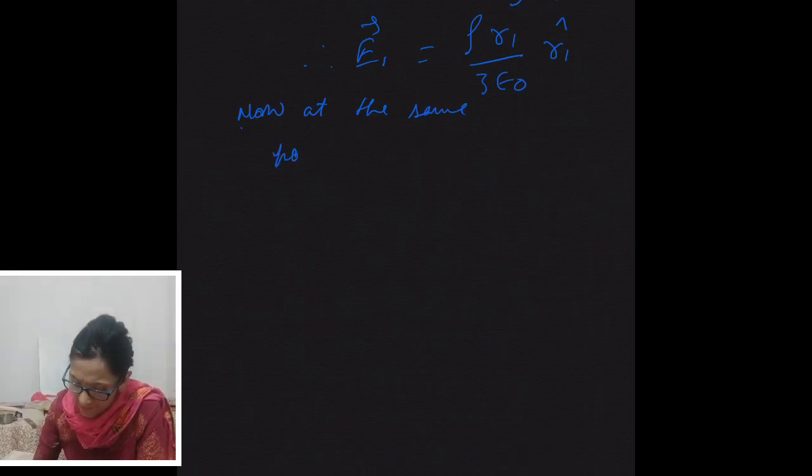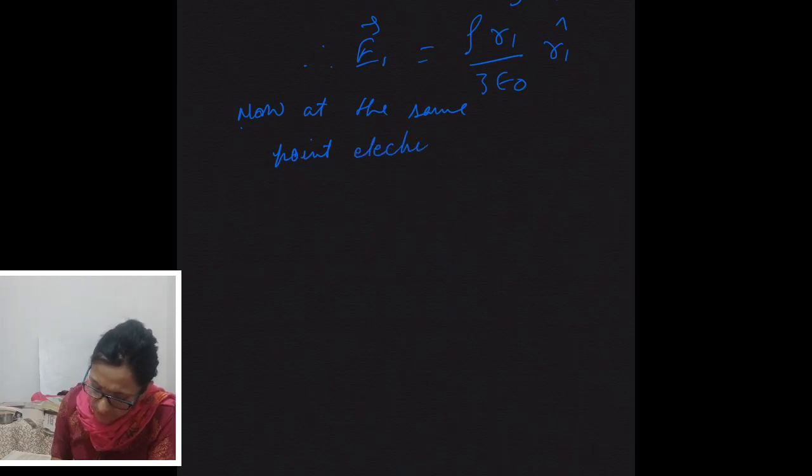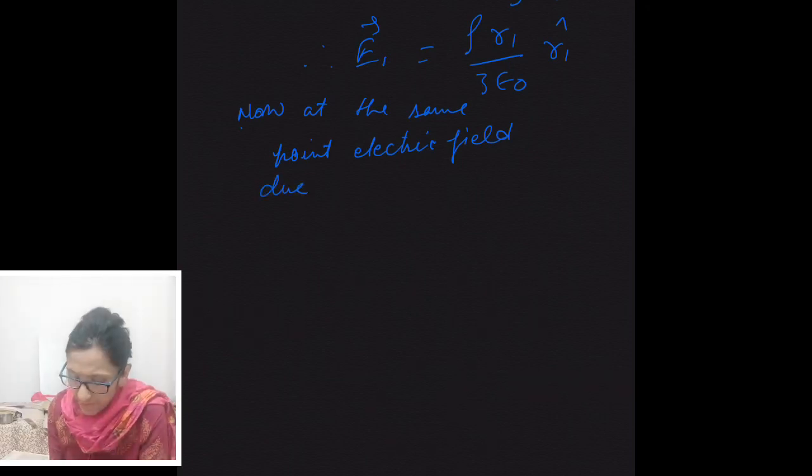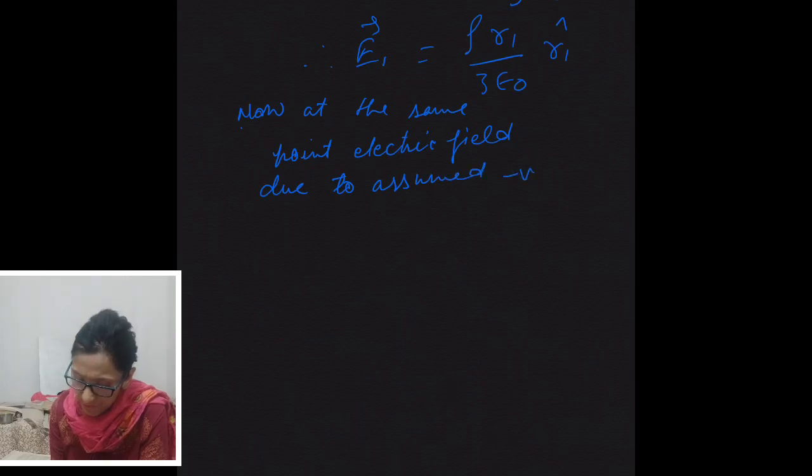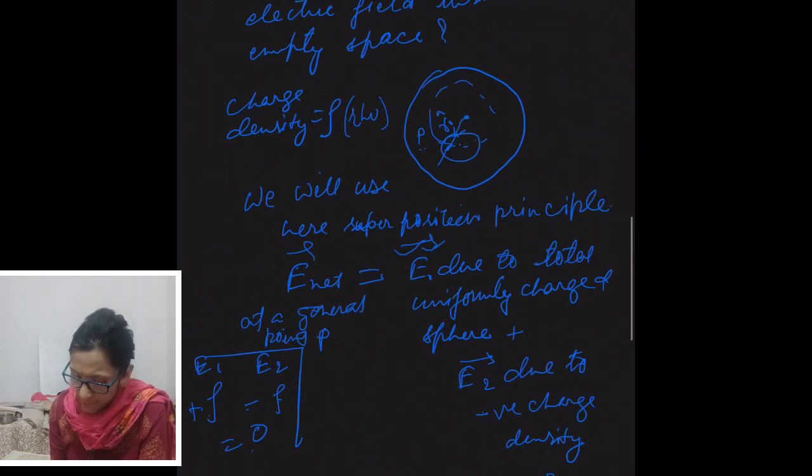Now we will find, at the same point, the electric field due to the assumed negative charge density rho.